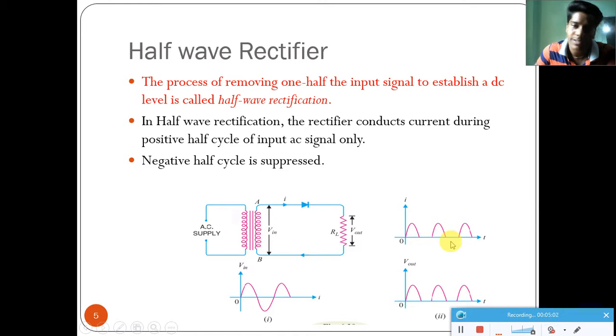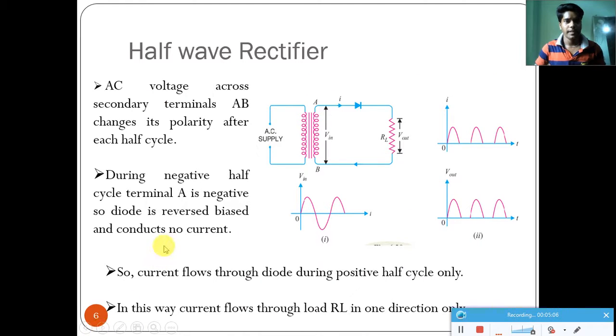Come to the next slide. Half wave rectifier: as you know, the AC voltage across the secondary terminals AB changes its polarity after each half cycle. The first half cycle is positive, the next half cycle is negative. During the negative half cycle, terminal A is negative, so the diode gets reverse biased and conducts no current.